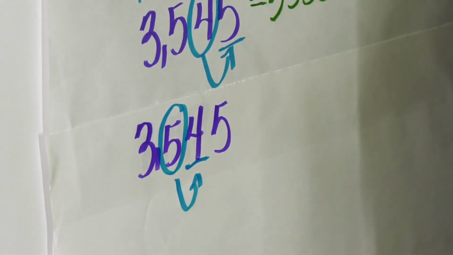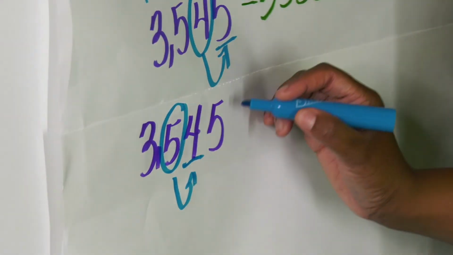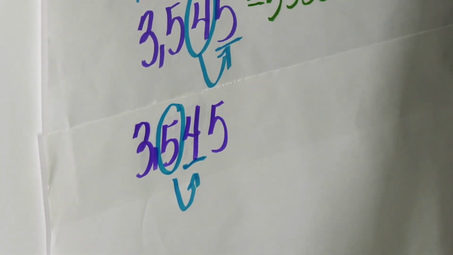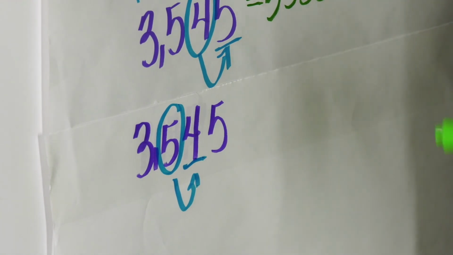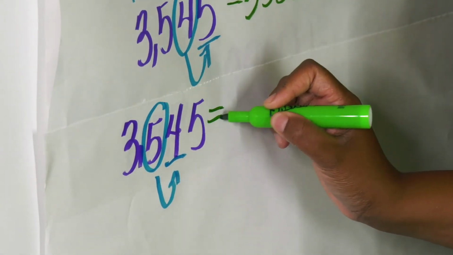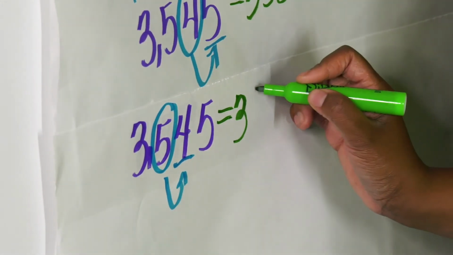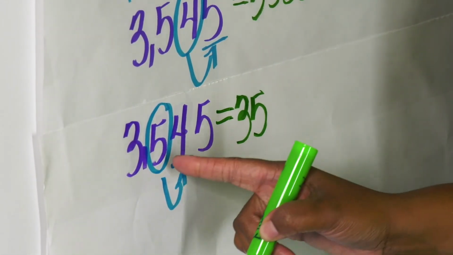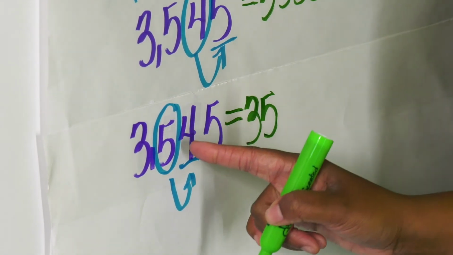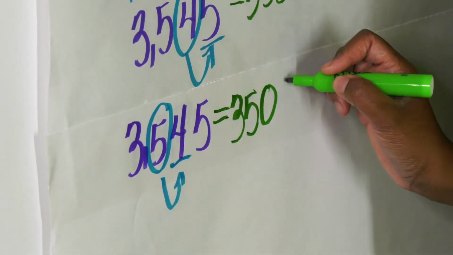So the 5 is going to stay the same. The numbers in front of our circled digit, 3, stays the same. The circled digit, the 5, we keep the same as well. Any numbers after our circled digit turn into a 0.